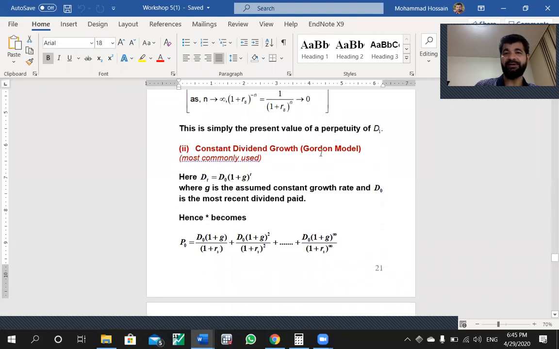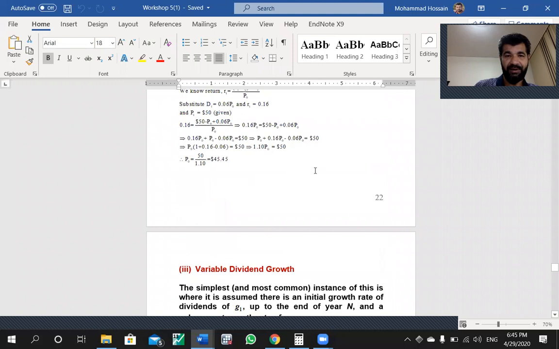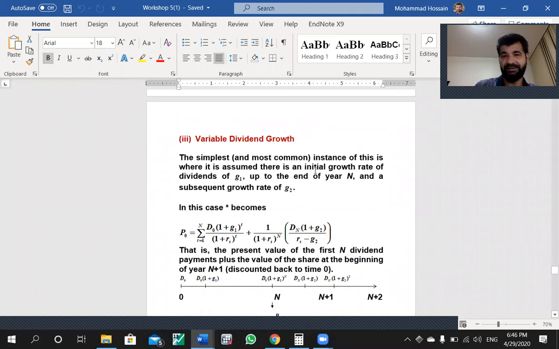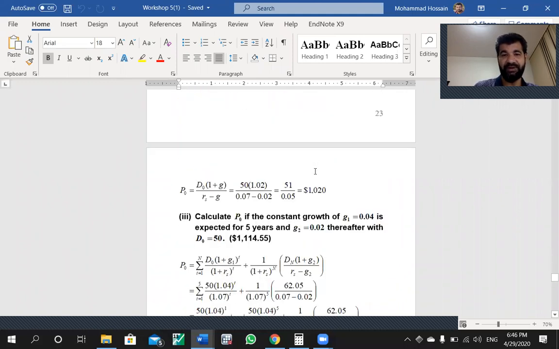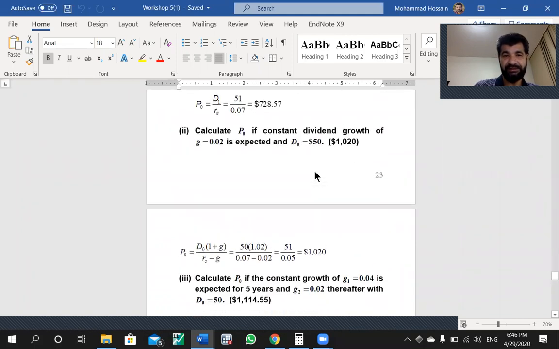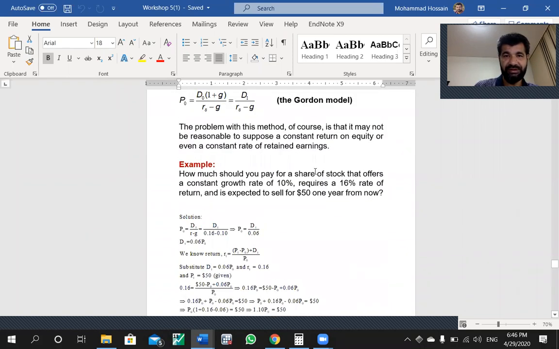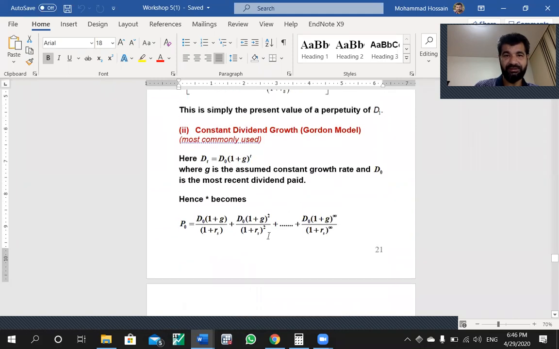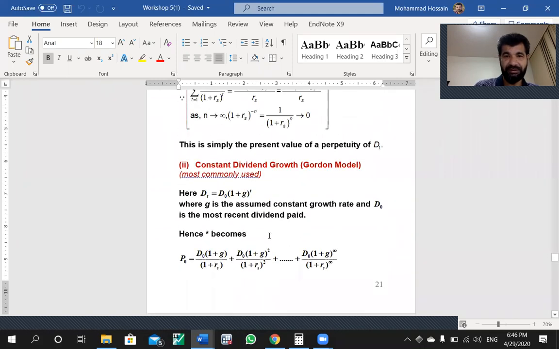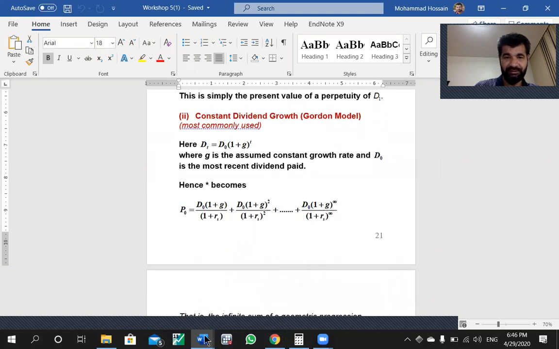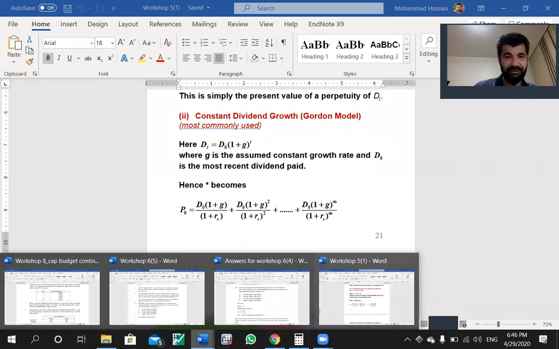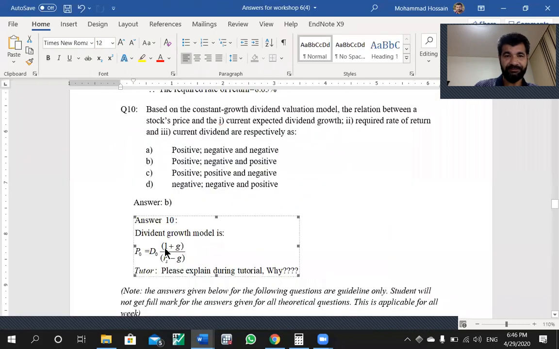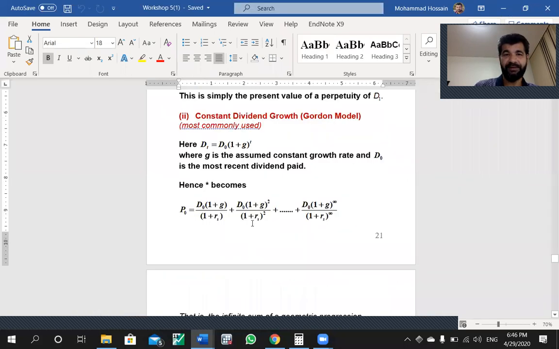Here is the one: the dividend growth model with variable dividends, where the dividend sometimes increases and sometimes decreases. We'll be talking about the constant one. This is the Gordon model, the constant one. So what we're talking about here is D0 times (1 plus G) divided by (Rs minus G). So this is the one.